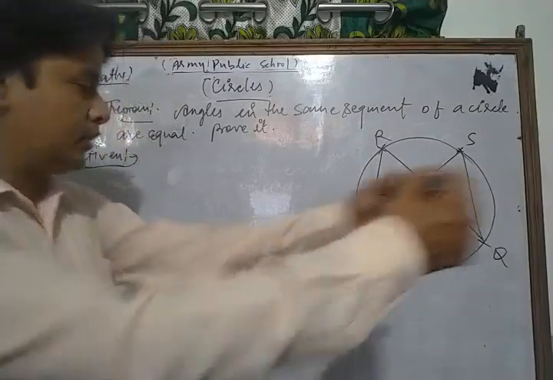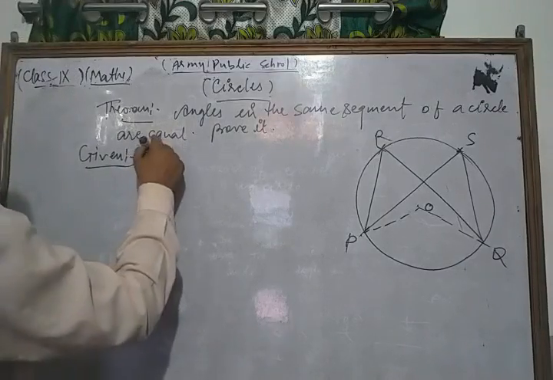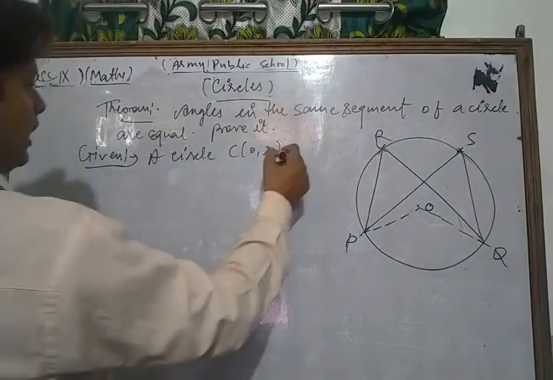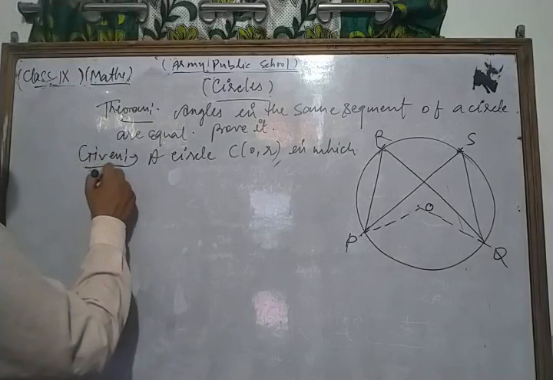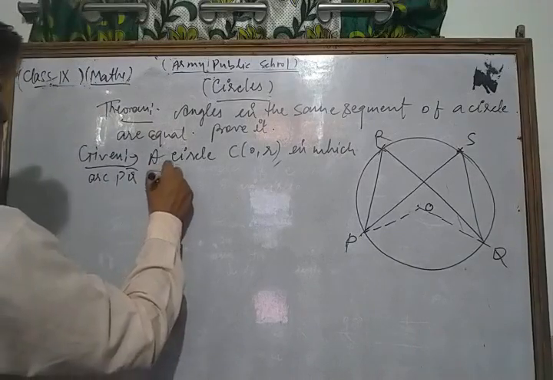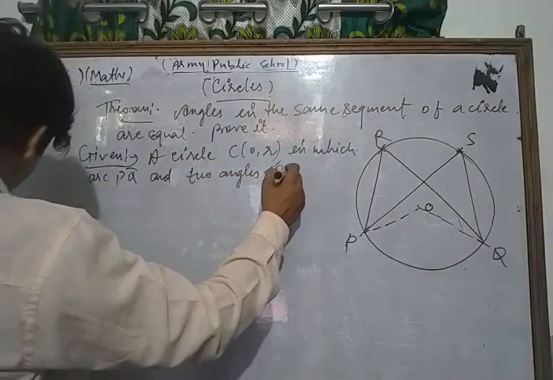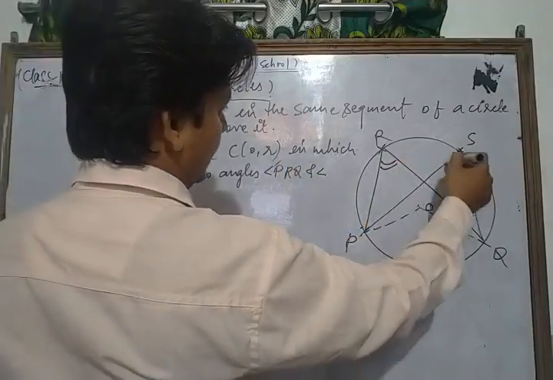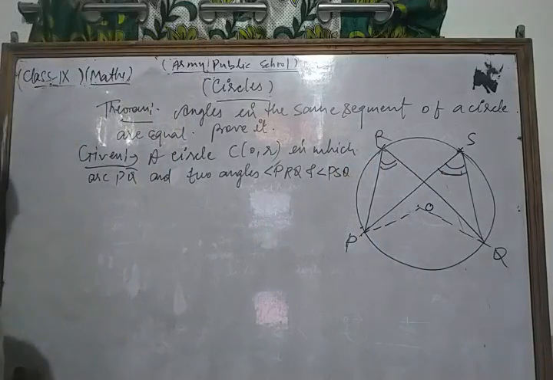Now let's see. First of all we write given. In given we write a circle C with center O and radius R, in which P, Q, R, S are points, and two angles, angle PRQ and angle PSQ, are in the same segment of the circle.